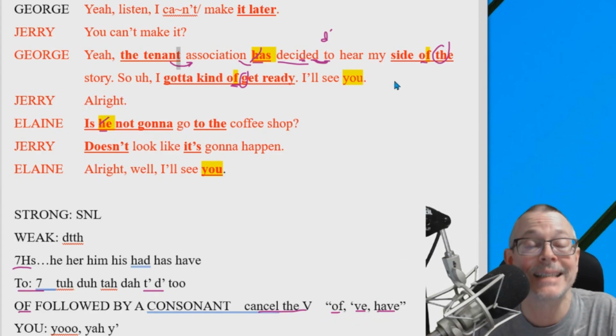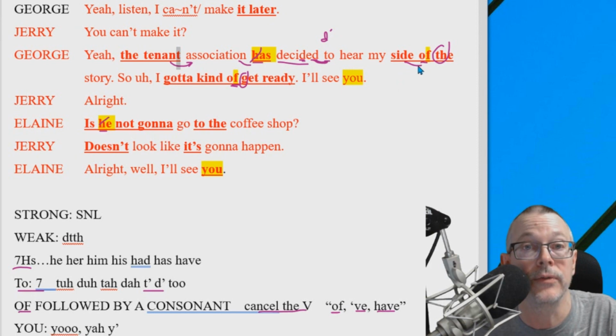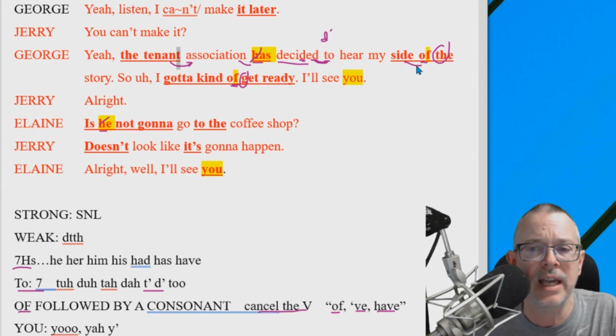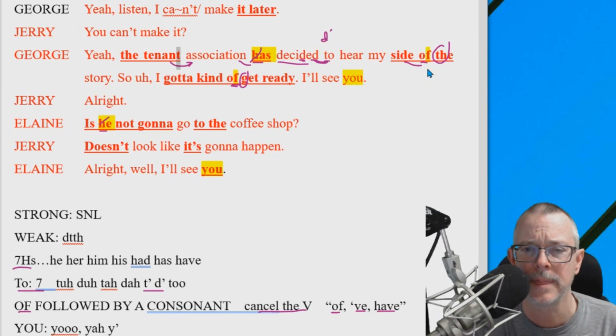So in this case, "side of the," we got linking, right? Of course, there's linking here. "Side of the," perfect pronunciation, "side of the." But again, I just said we can cancel the V, so "side of the, side of the, side of the." Schwa, schwa. It's got to be fast. "Decided to, side of the."